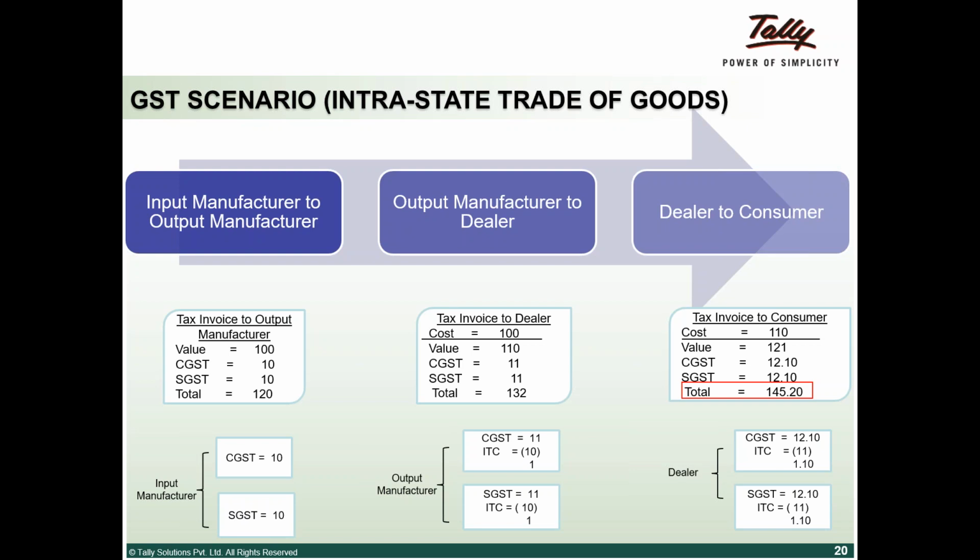The only difference is that when we applied VAT, we added excise duty in the previous case, but here CGST is not added for the SGST computation. So on the 100 only, we'll be computing 10%. That's one major difference here. Other than that, it is more or less similar to the previous cases.